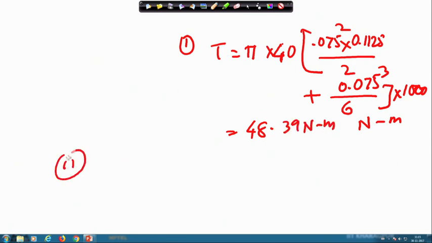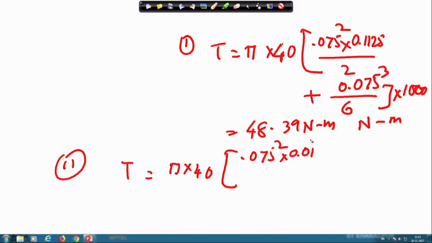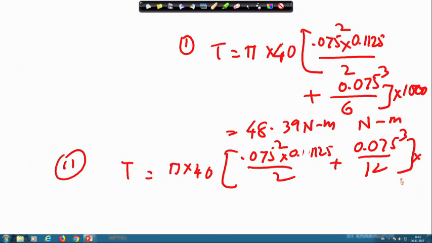For the second case, T equals pi into 40 into 0.075 square into 0.1125 by 2 plus 0.075 cube by 12, into 1000, that gives you 44.2 Newton meter.